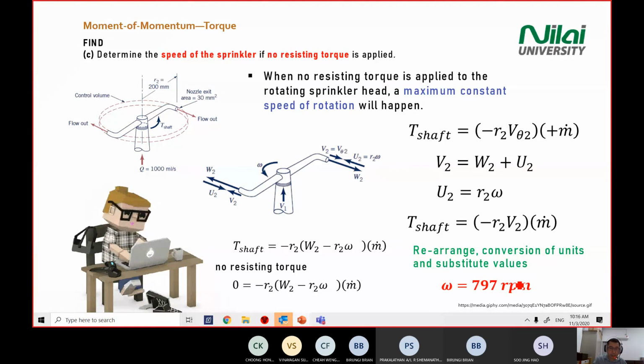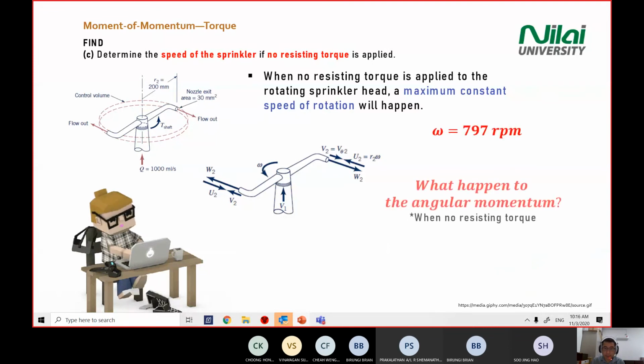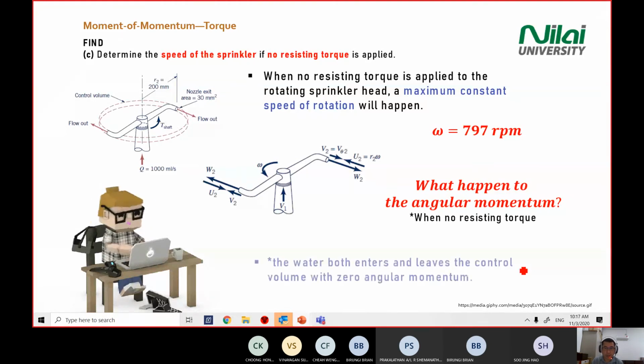Okay, so I think we have completed the application of the momentum equation. So this is just an additional question. What happens to the angular momentum when there's no resisting torque?